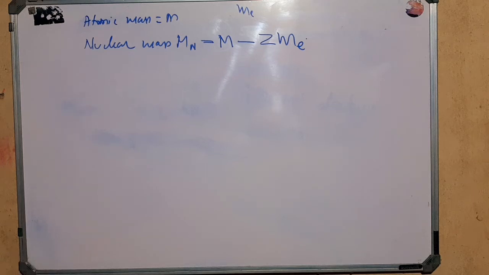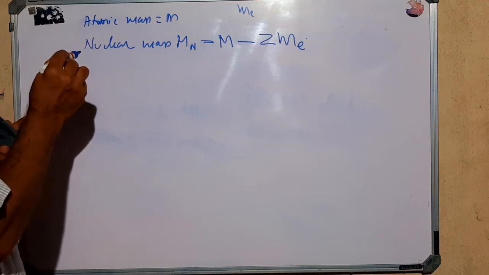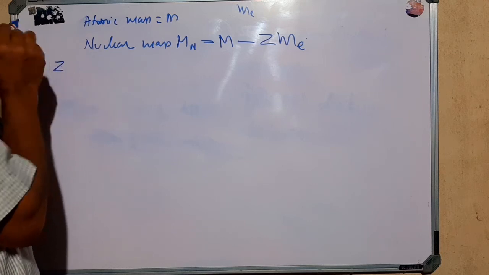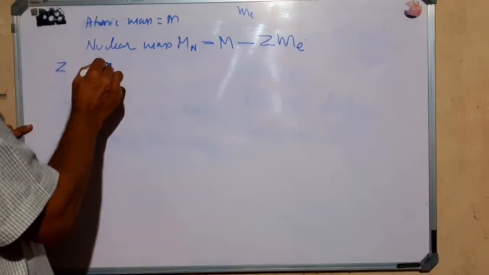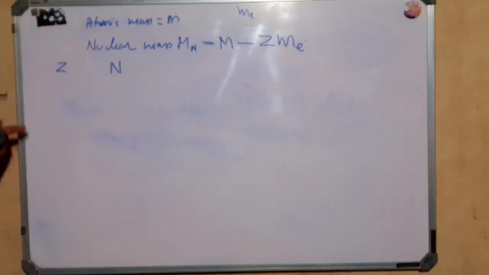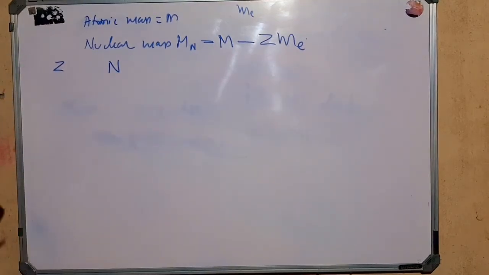Now consider the nucleus. The nucleus consists of Z number of protons and N number of neutrons. Experimentally, you consider a particular nucleus and measure its mass.